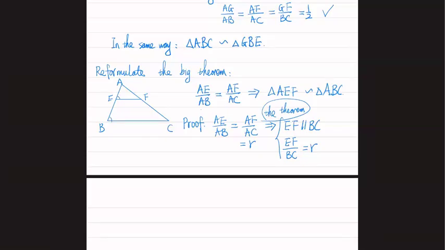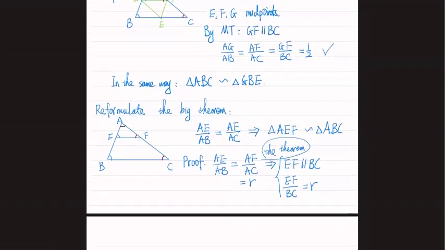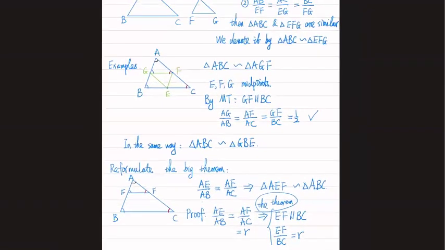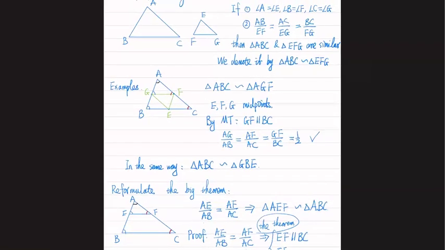First pair, second pair, and a common angle. So we checked all the conditions needed for similar triangles. We checked all of them. Therefore, the two triangles are similar.